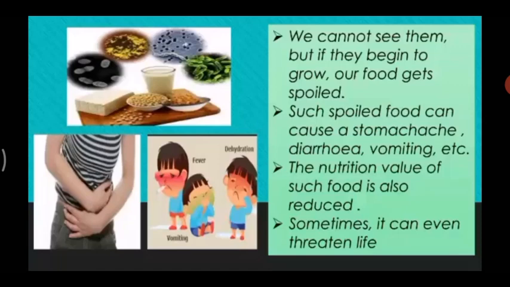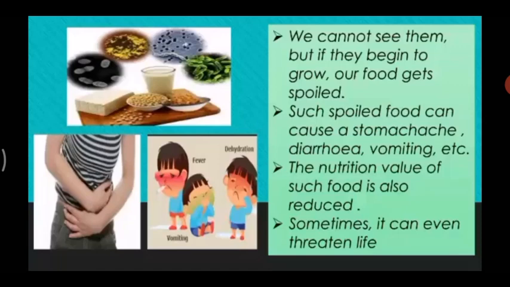On the other hand, if you eat it, its nutritive value is zero. That means it does not have any proteins, vitamins, minerals, right? When we have food, what do we get? Protein, vitamins, minerals. But if you have stale food that has been kept for many days, you won't get that nutritive value, you won't get protein, vitamins and minerals.